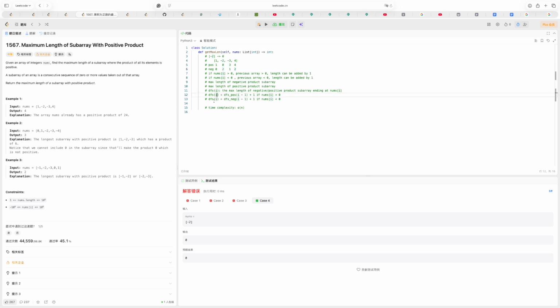So we can say if dp[i], we will have maybe is positive, or we can say positive p, maybe p.